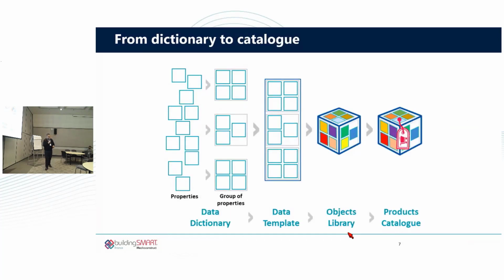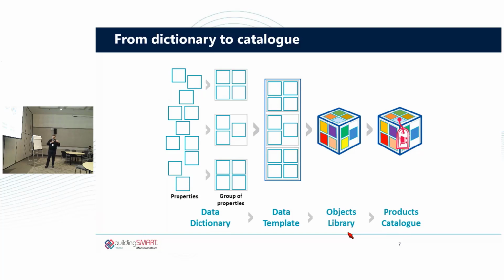And I'm also going to give you an answer on that. Just a view of what the previous speakers said about the position of the dictionaries and, on the other side, the product catalogs.